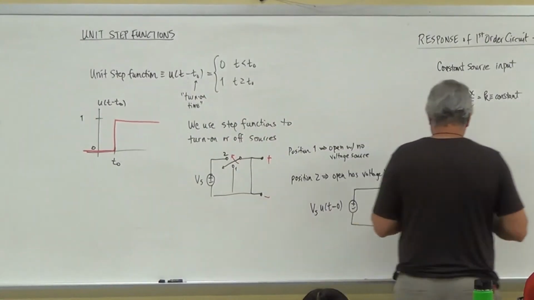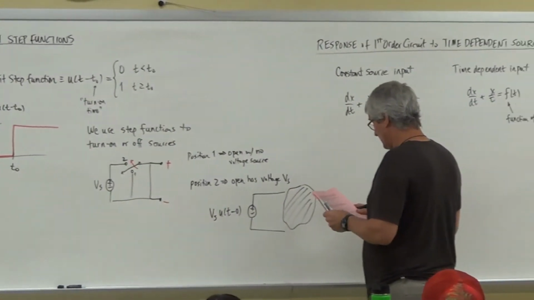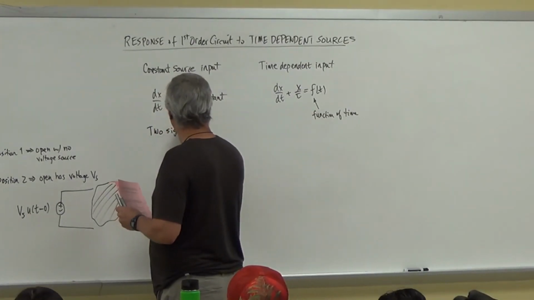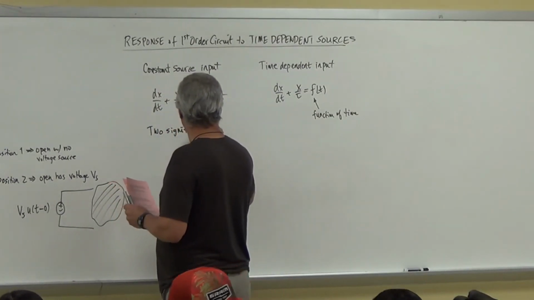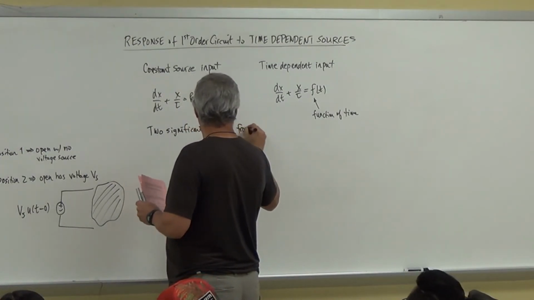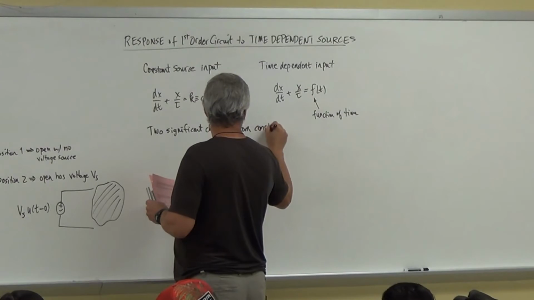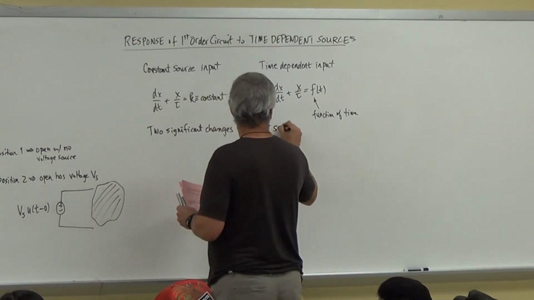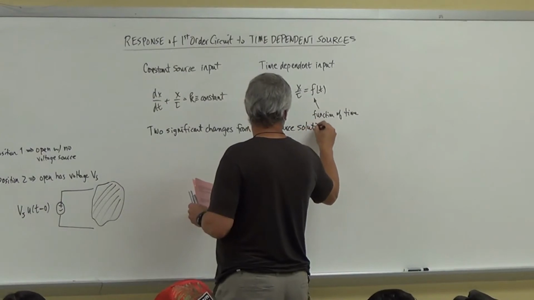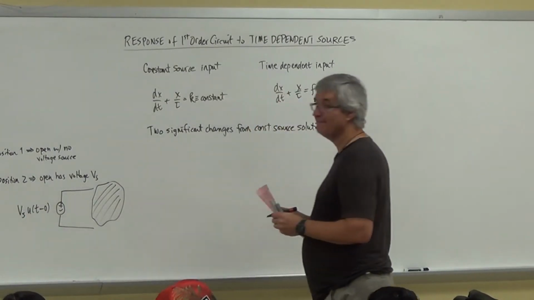So what we're going to find here is that there are going to be two significant changes from constant source solutions. Okay.